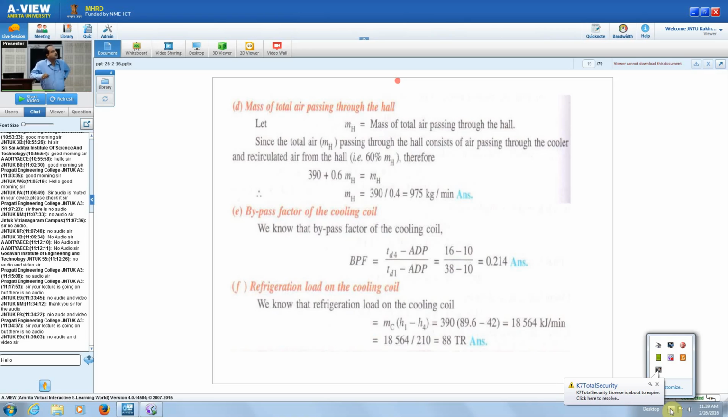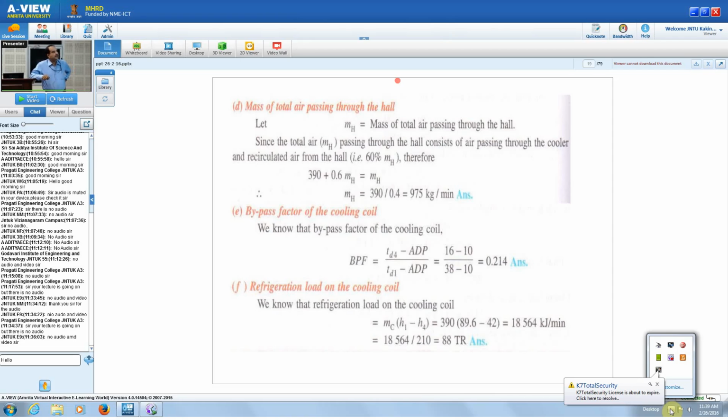Since the total air passing through the hall consists of air passing through the cooler and the recirculated air from the hall, that is 60%, therefore 390 plus 60% of air will give finally 975 kg per minute.